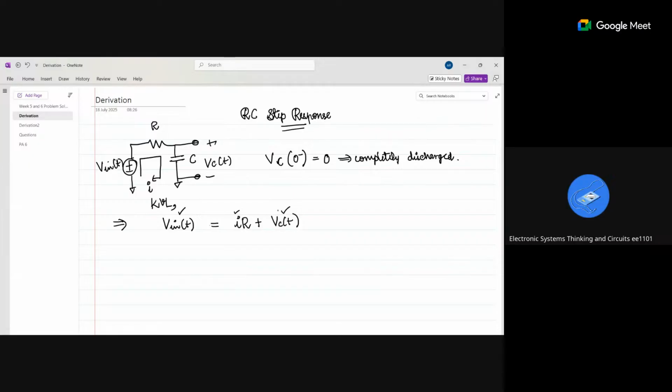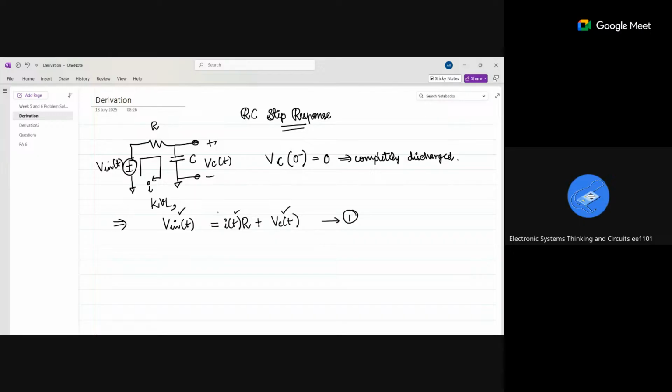I is also a function of time, right? R and C are the constant values here. So, to avoid confusion, I write it as I of t into R. So this is one equation we have derived.